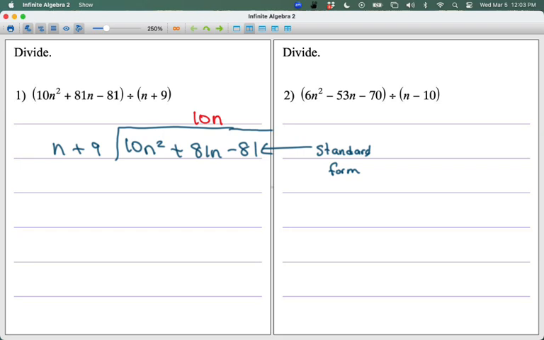We now multiply. To multiply, this time we're going to do the distributive property. 10n times 9 is 90n. And it's positive. So 10n times n is going to be 10n squared. If you did this right, these two should be exactly the same.